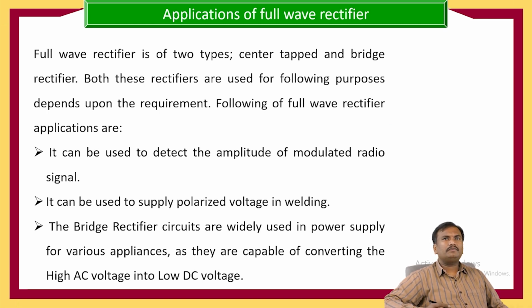The applications of full wave rectifier. Full wave rectifier is of two types, center tapped and bridge rectifier. Both these rectifiers are used for the following purposes, depending upon the requirement. It can be used to detect the amplitude of a modulated radio signal, and it can be used to supply polarized voltage in welding.